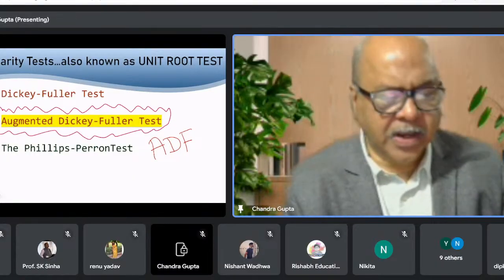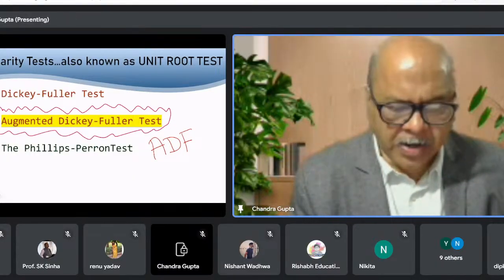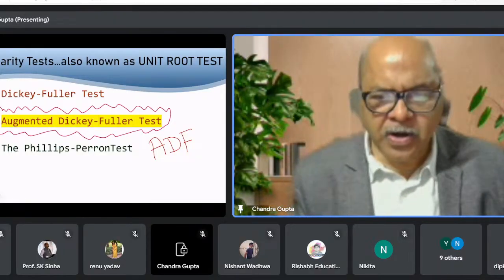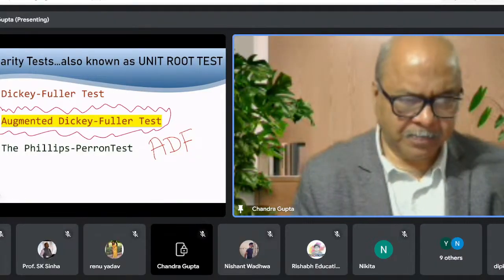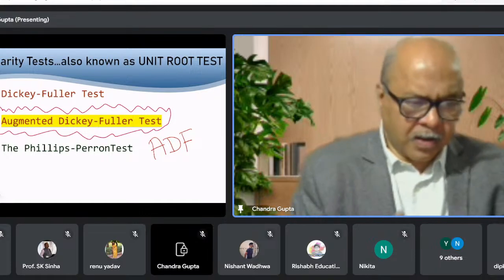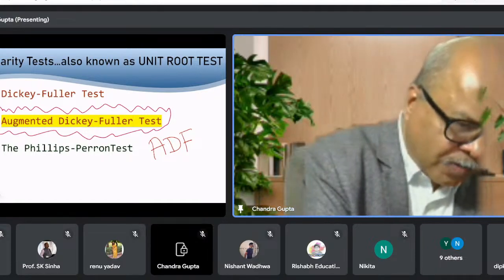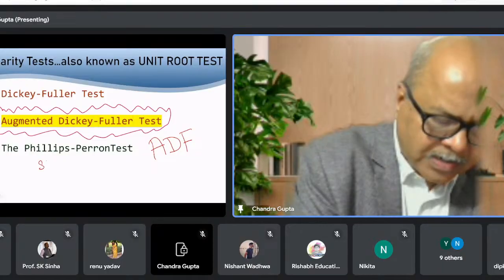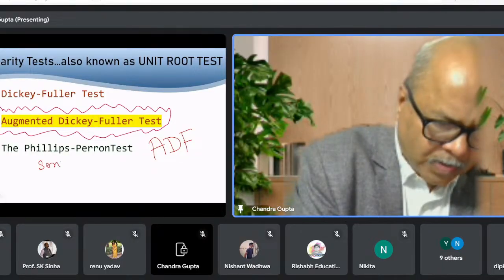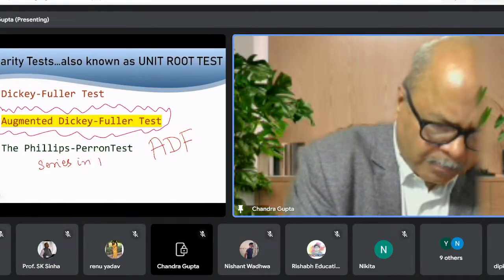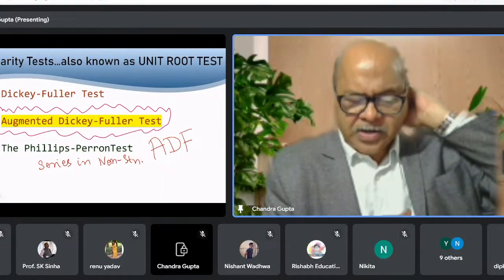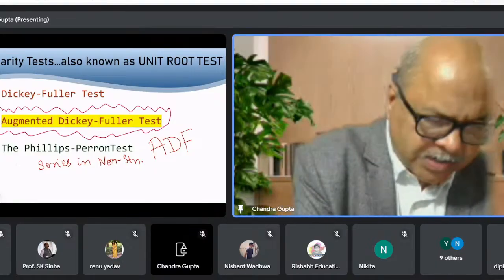So by using ADF test, we can find out whether a series is stationary or it is not stationary. And null hypothesis of all these three tests is series is non-stationary. Alternatively, the series is stationary.